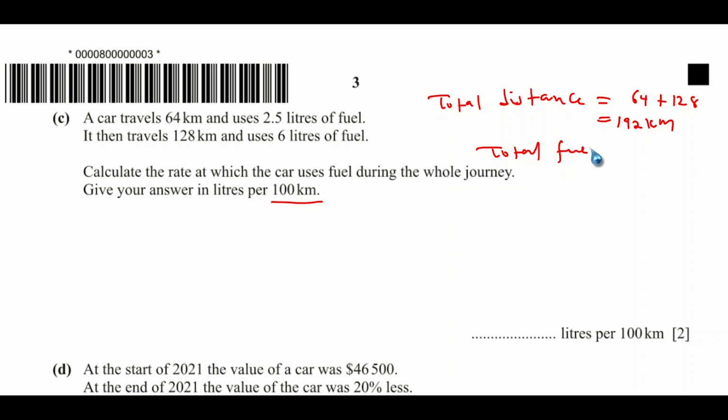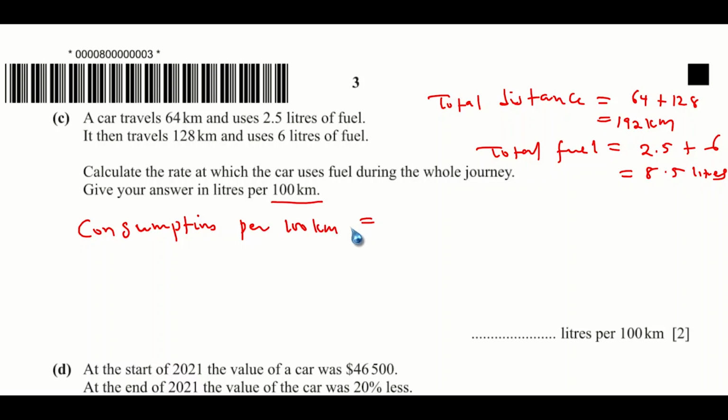Then you can also get the total fuel. That will be equal to 2.5 add 6, which is 8.5 liters. Having got this, we can now say that the consumption per 100 kilometers will be equal to the fuel, 8.5, over the total distance, 192, then multiplied by 100.